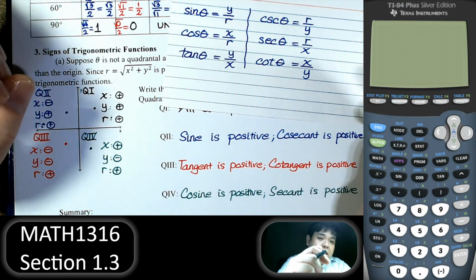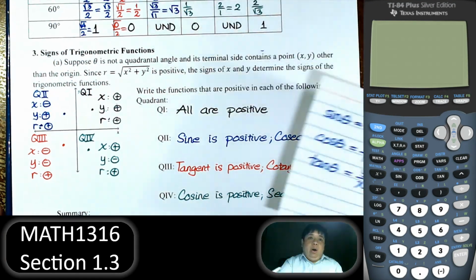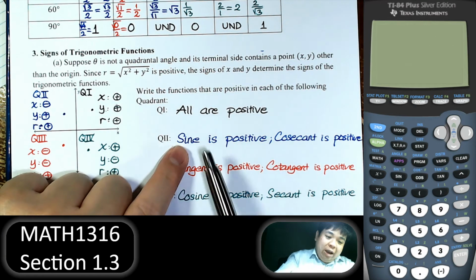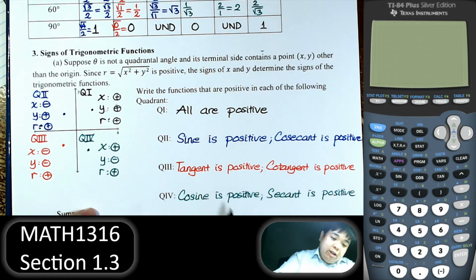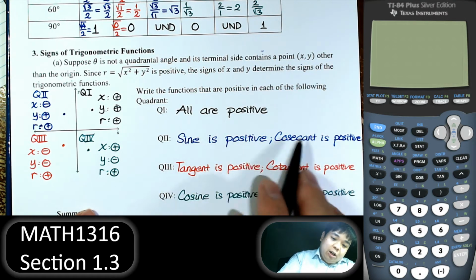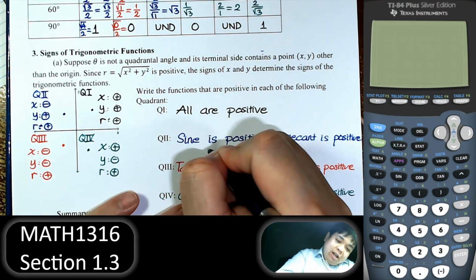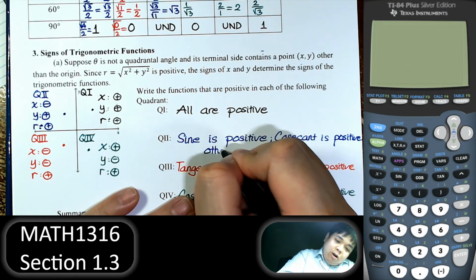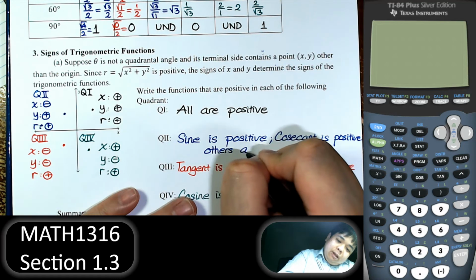Right? Like I said, when all things fail, go back to the definition. When we have all positive, of course all of them are positive. Sine and cosecant are positive. Everything else is negative. So others are negative.